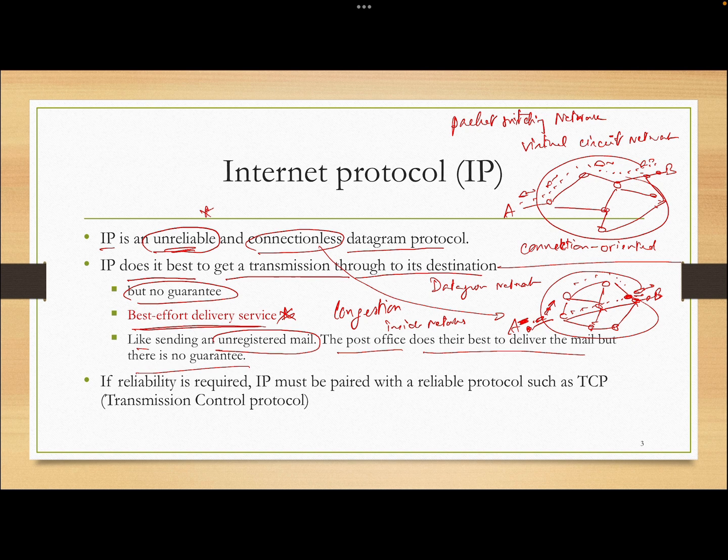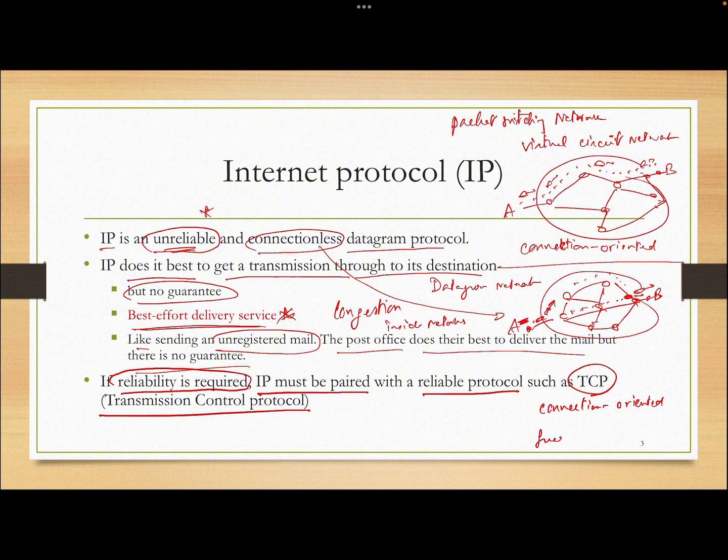But if reliability is required, which is usually the case, when you transmit your data you want it to arrive at the destination, then IP must be paired with a reliable protocol such as TCP, the Transmission Control Protocol. This one is connection oriented, so you have set up your route before you transmit.